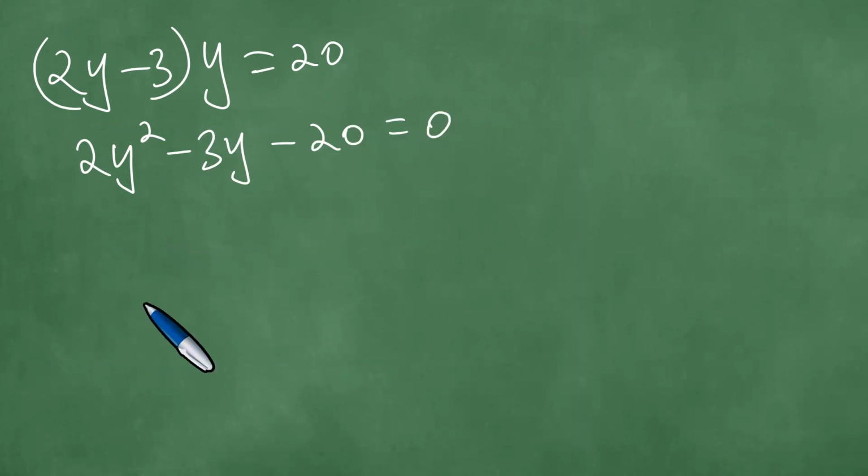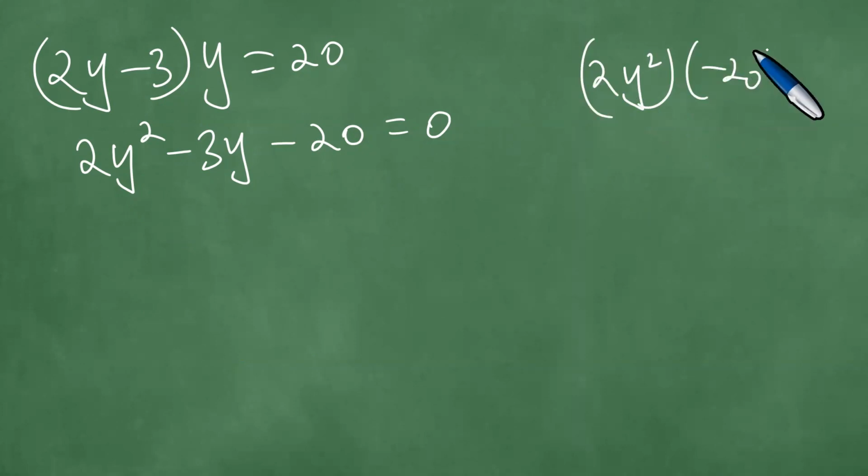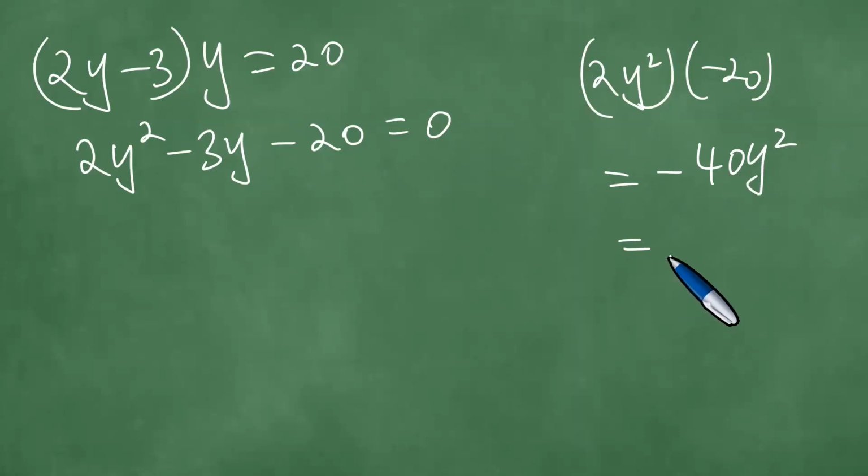Now we have this, and we want to solve it for x and y simultaneously. We multiply 2y squared by minus 20 and get minus 40y squared.